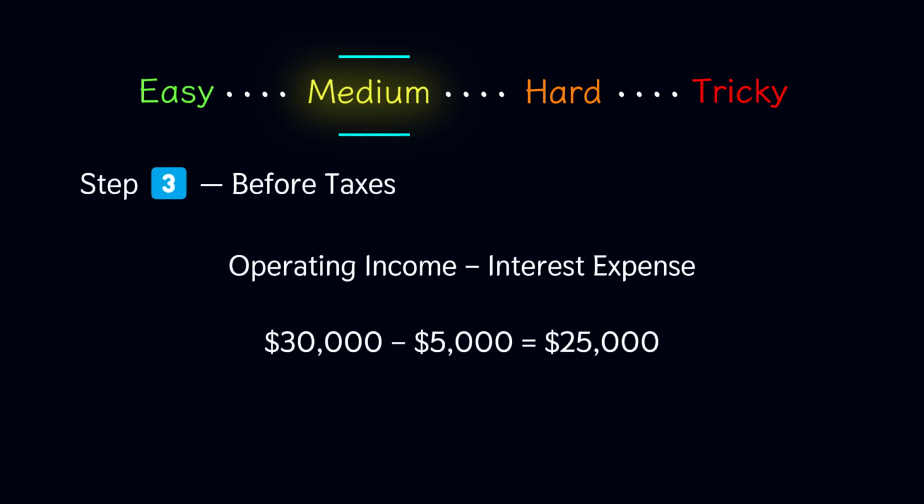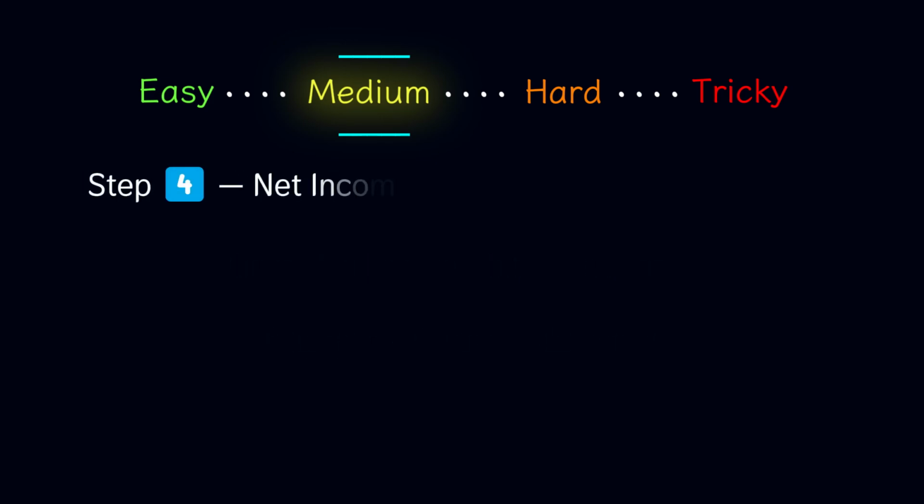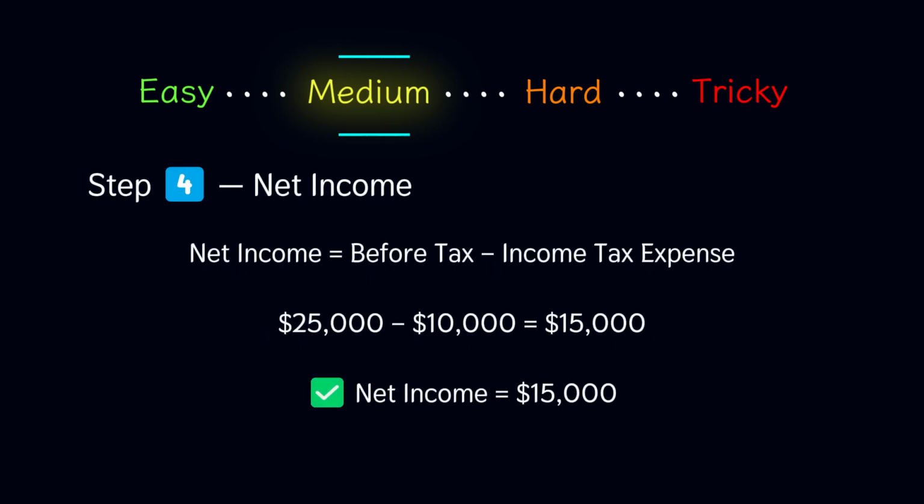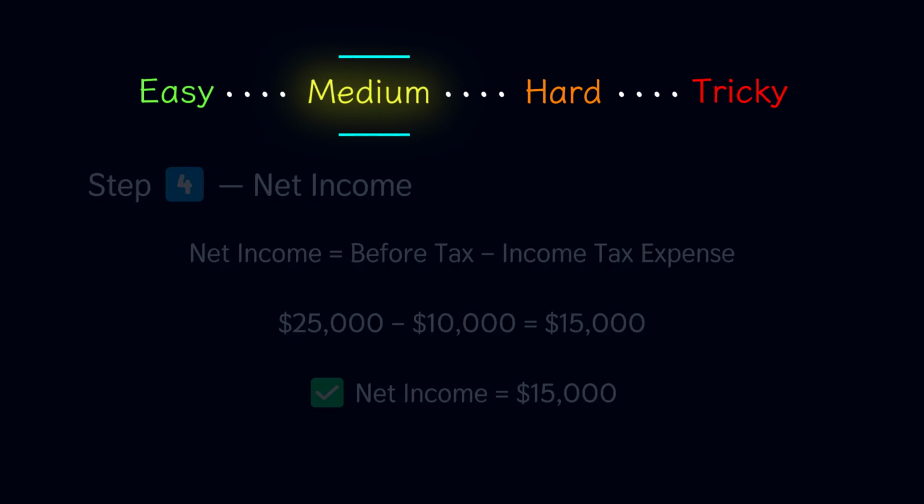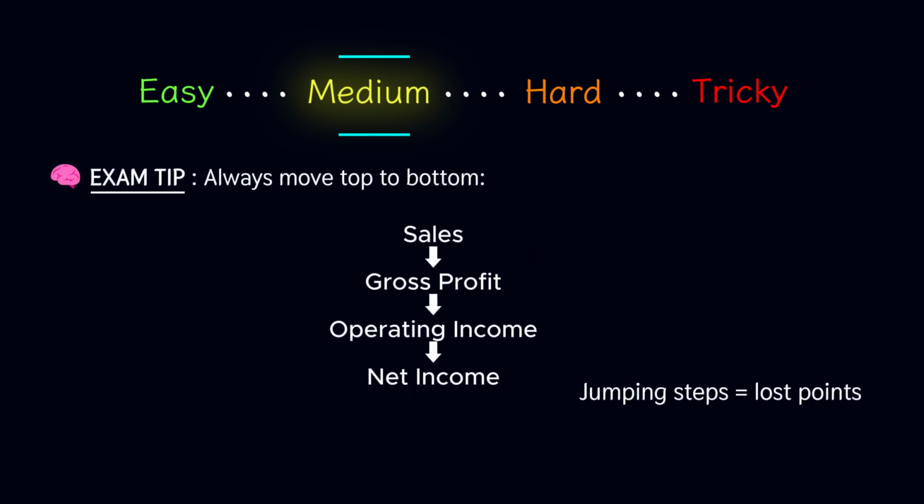Now subtract interest expense. 30,000 minus 5,000 equals 25,000. Now subtract income tax expense. 25,000 minus 10,000 equals $15,000. So net income is $15,000. Here's the exam tip. Always move top to bottom on the income statement. If you jump around, mistakes happen.